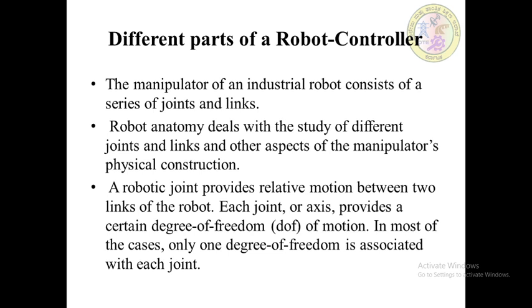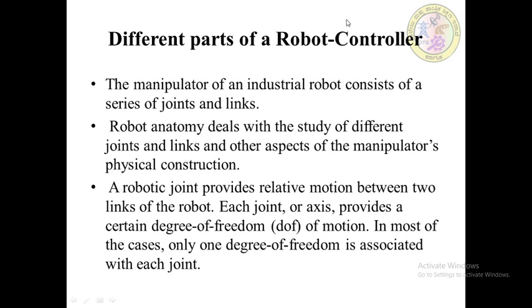It has a series of joints, meaning the arms, just like a human being, where we have the elbow joint, shoulder joint, arm joint, and finger joints. Just like that, the manipulator of an industrial robot consists of a series of joints and links.